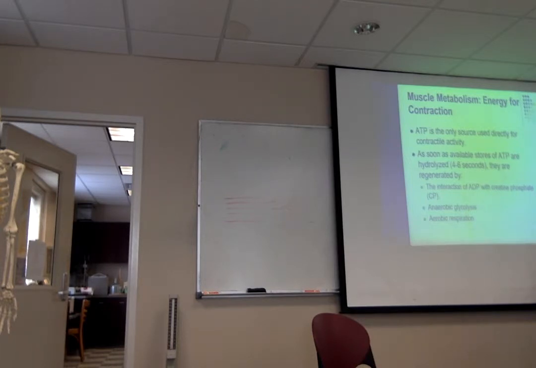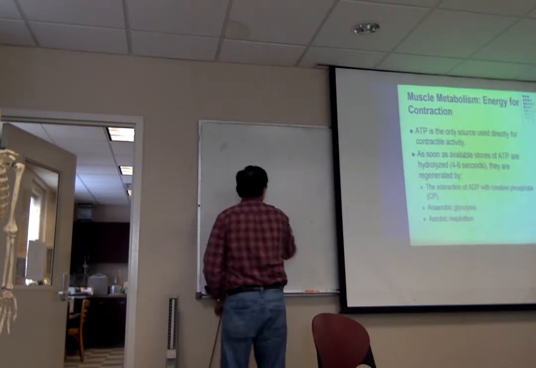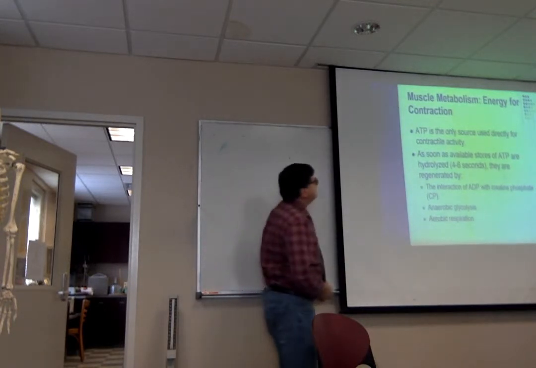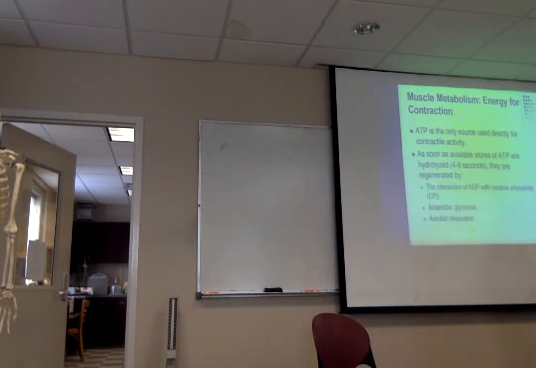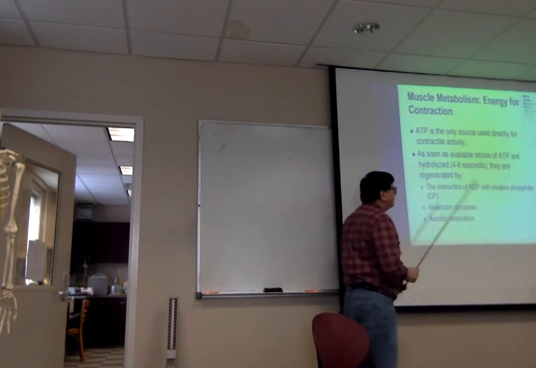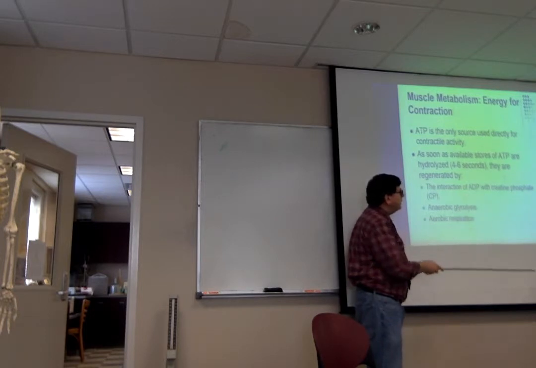Now, the muscle stores some energy. The muscle will store enough ATP for about 4 to 6 seconds of activity. Once that ATP is used, it's got to be regenerated. Okay? It's regenerated by 3 processes. One is the interaction of ADP with creatine phosphate.